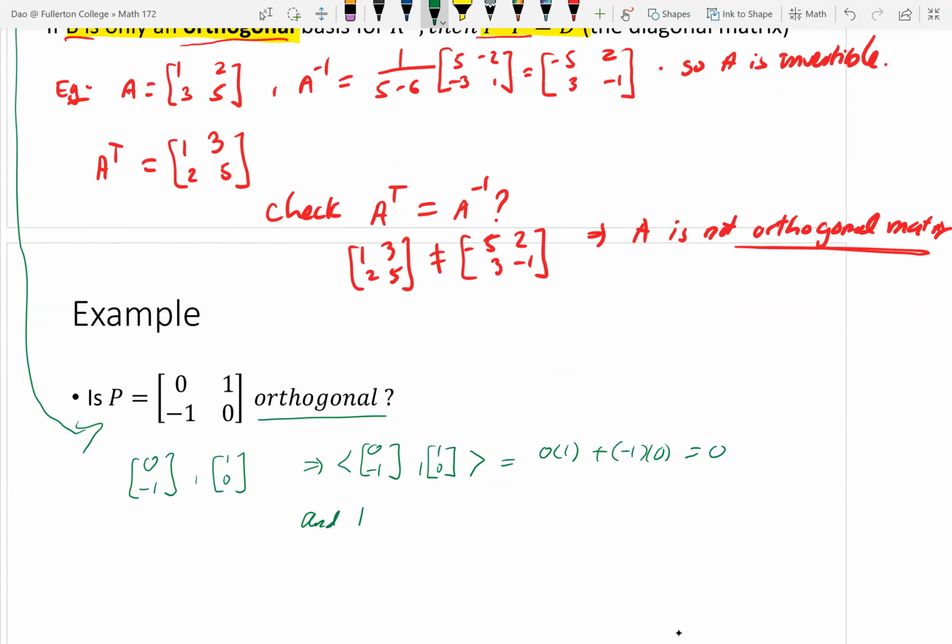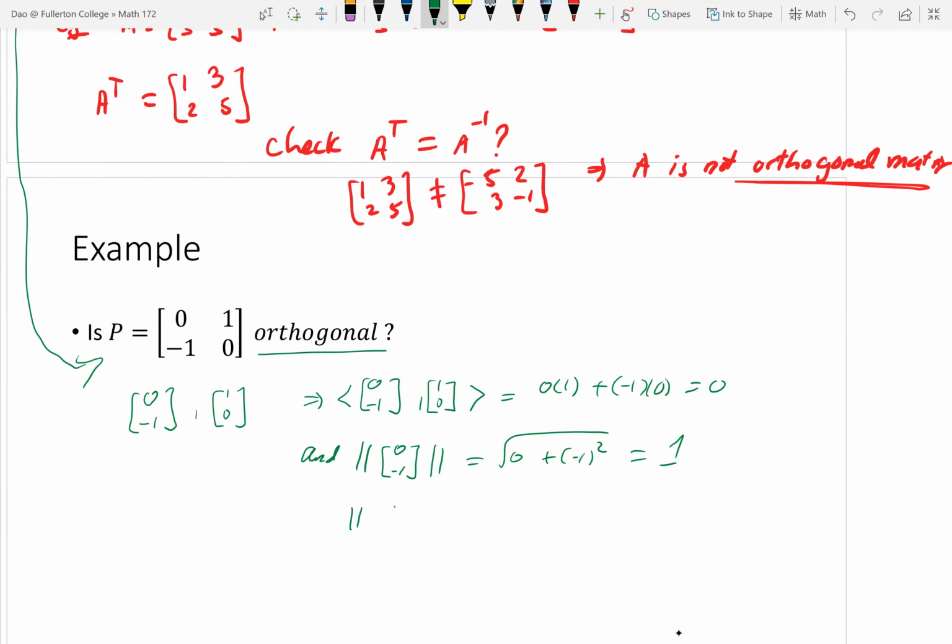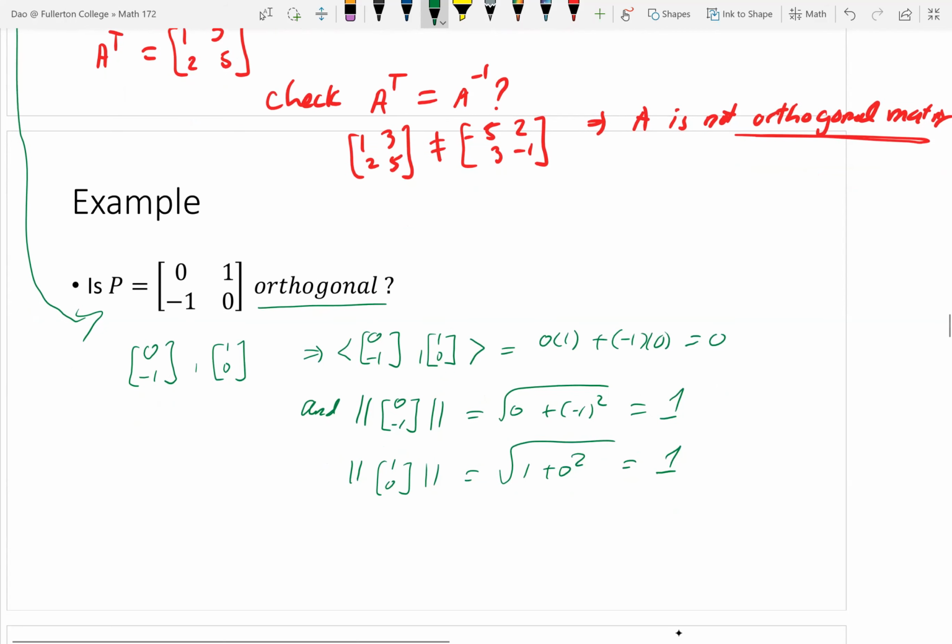And the magnitude of 0, -1 is the square root of 0 plus (-1) squared, which gives you 1. The magnitude of 1, 0 is the square root of 1 plus 0 squared, which also gives you 1. So P equals 0, -1, 1, 0 is an orthogonal matrix.